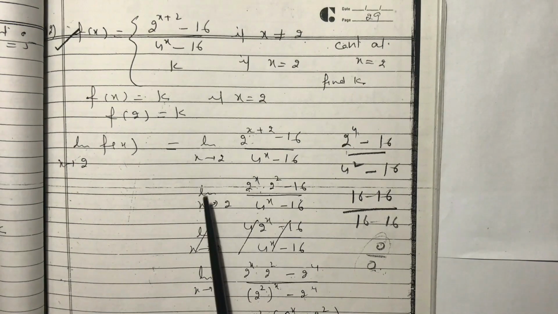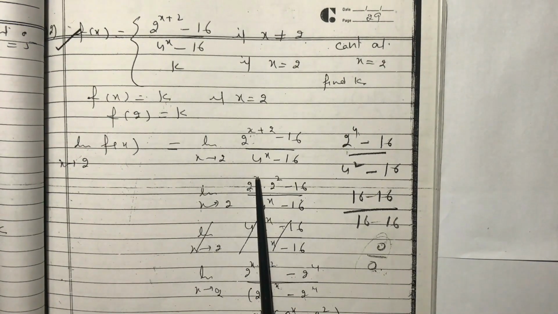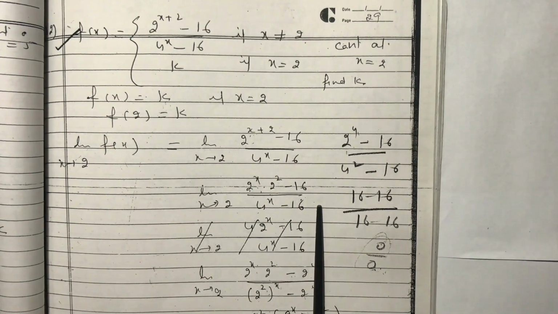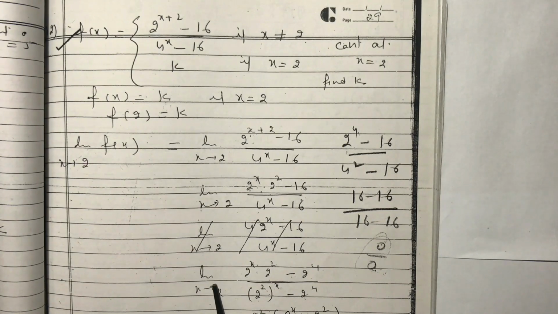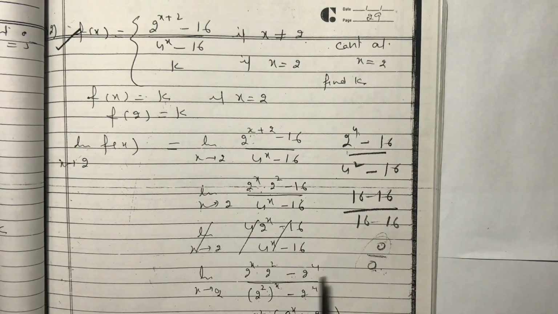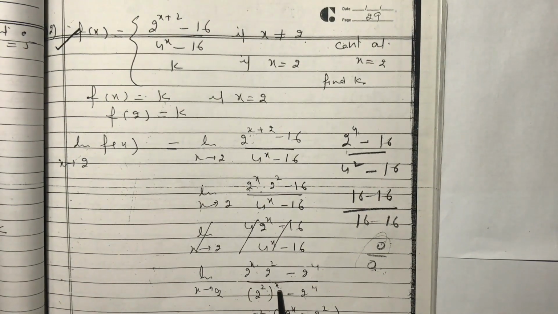So limit x tends to 2, this thing can be written as 2 raised to power x, 2 raised to power 2 minus 16 upon 4 raised to power x minus 16. This is equal to limit x tends to 2, 2 raised to power x, 2 raised to power 2 minus 2 raised to power 4. This thing can be written as 2 raised to power 2, 2 raised to power x minus 2 raised to power 4.